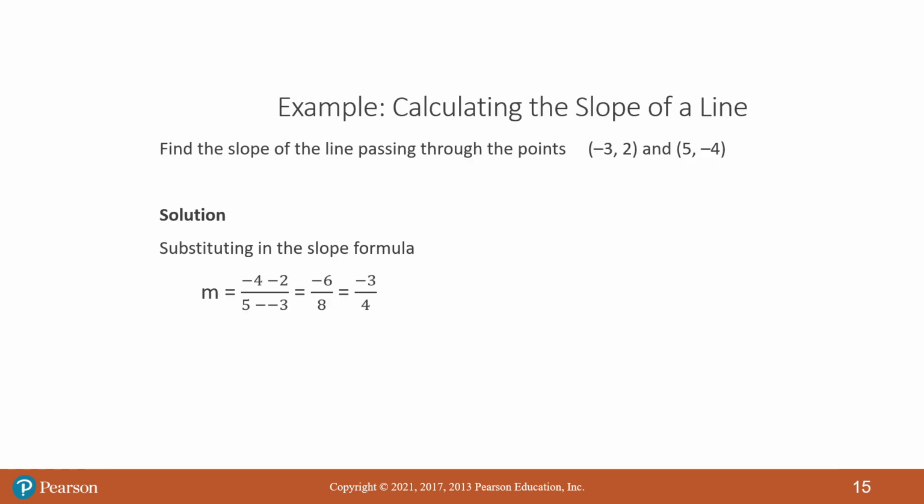Okay. Let's do some examples calculating the slope of the line. Find the slope of the line passing through the points -3, 2 and 5, -4. Okay, let's use the formula. Remember, y2 minus y1 over x2 minus x1. Easy enough.